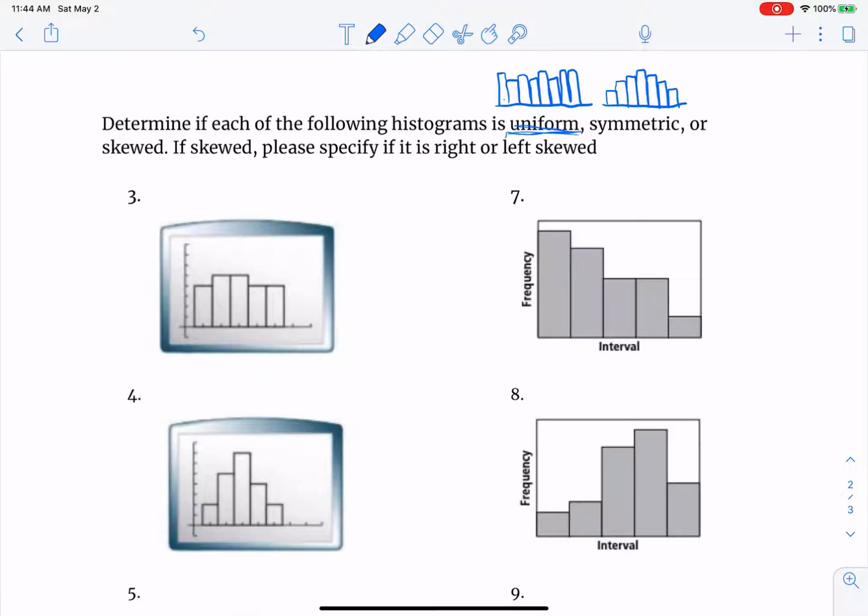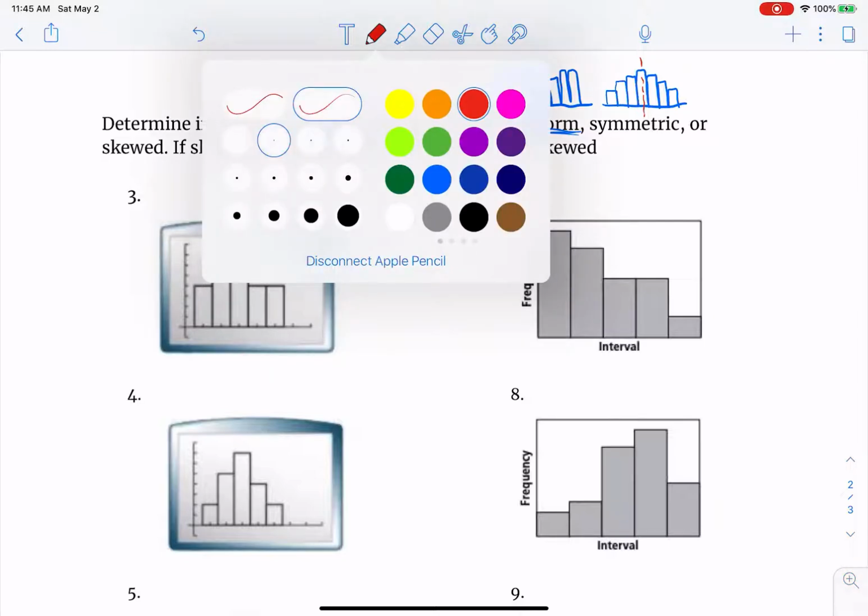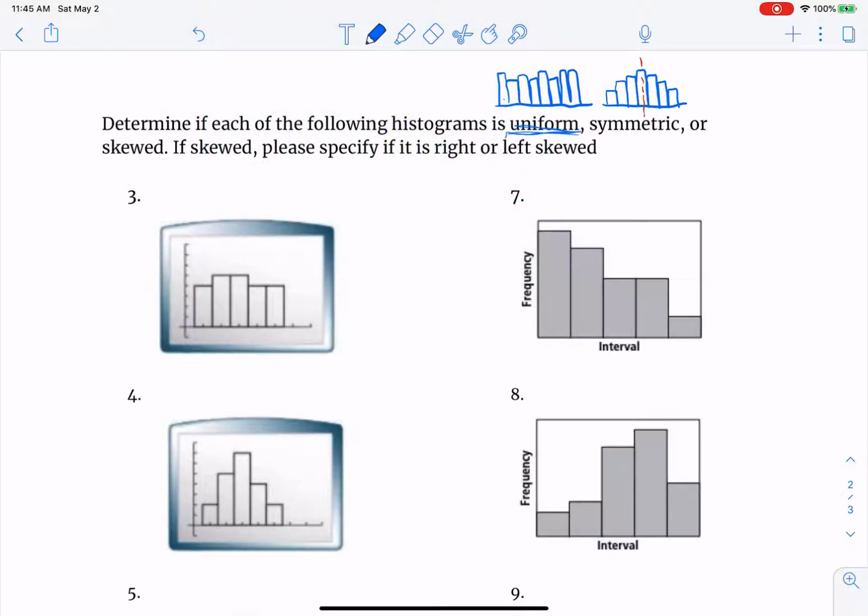And that's symmetric because if you were to chop it in half down the middle right here, both sides pretty much have the same shape to them. It's not always perfect, but we could say something is fairly symmetric.